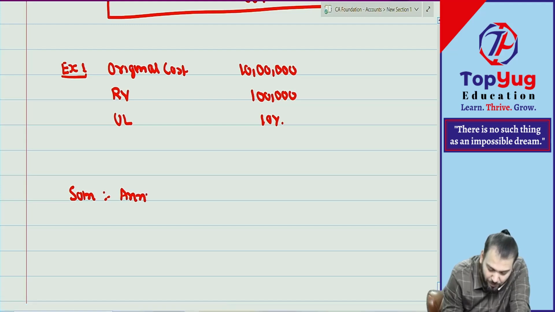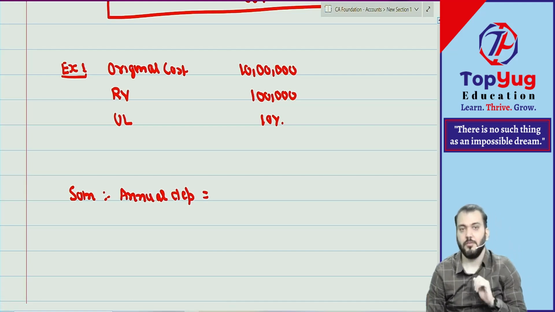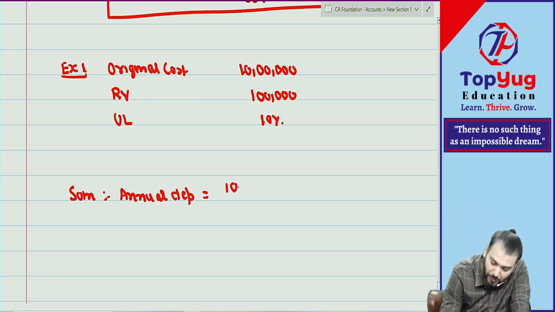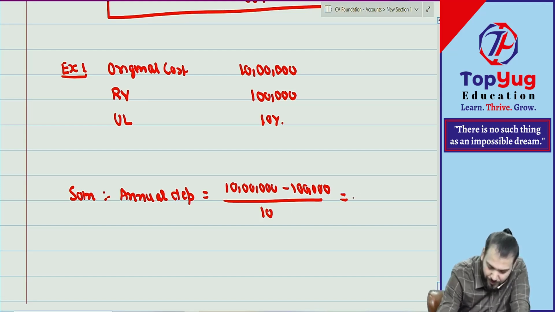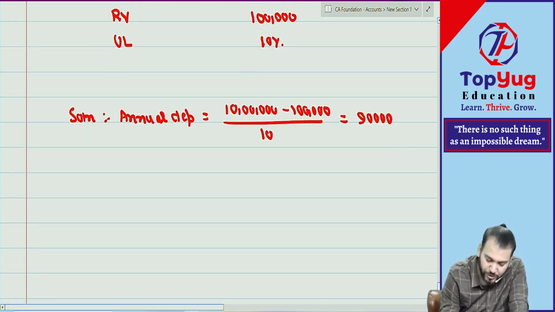Do you have a calculator? It will be 10 lakh minus residual value, divided by 10, which is equal to 90,000. Simple.